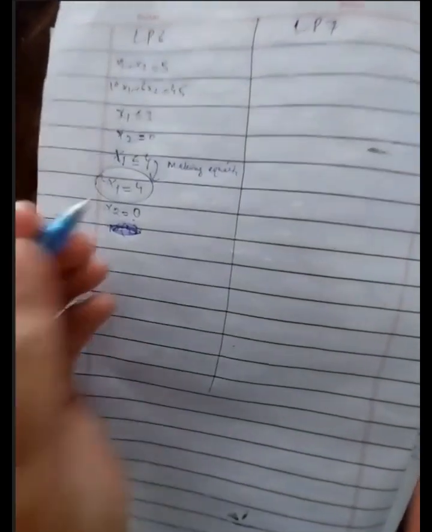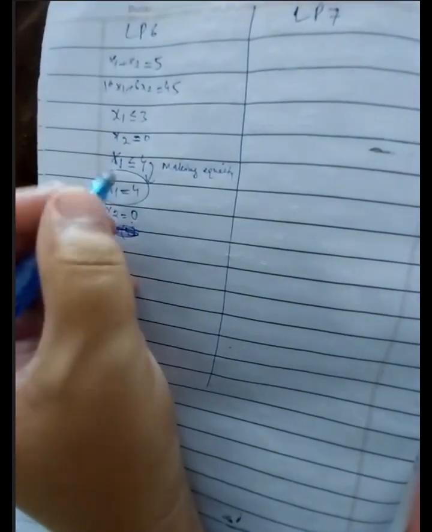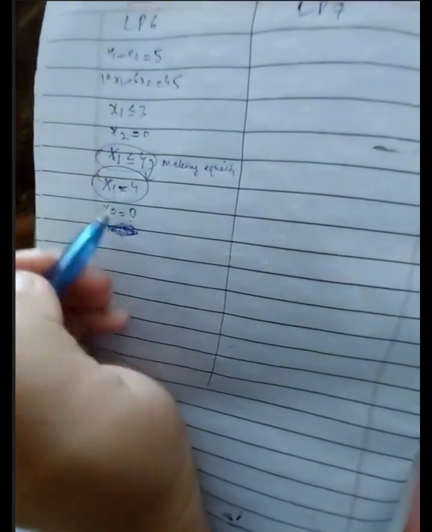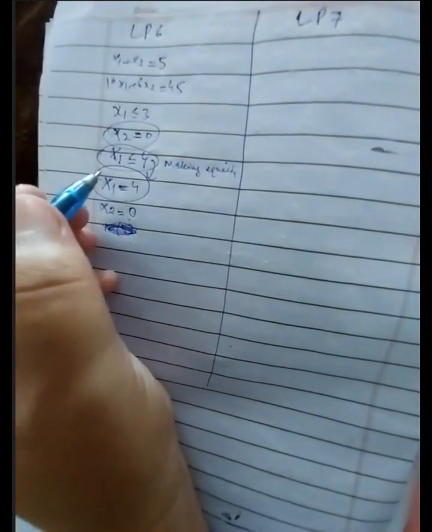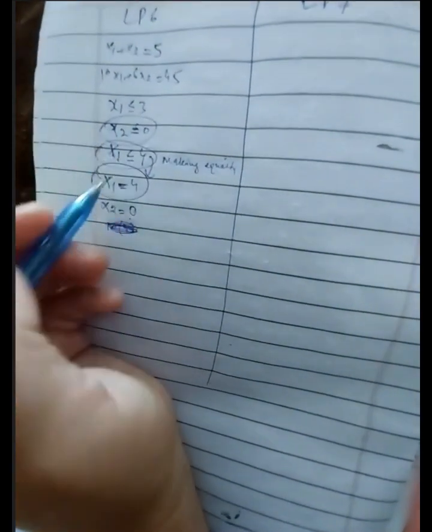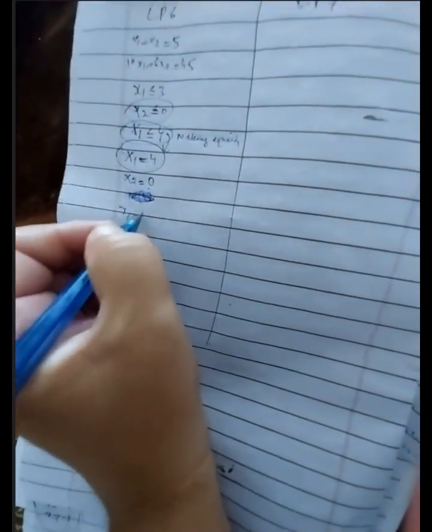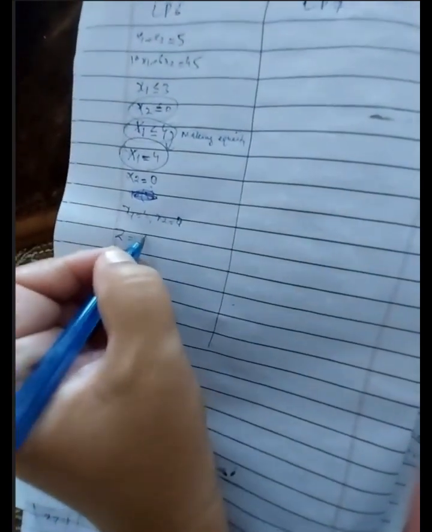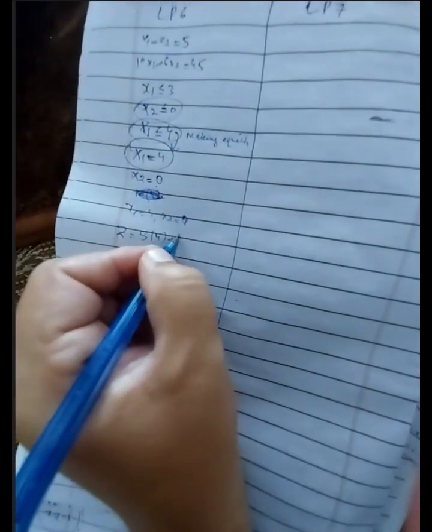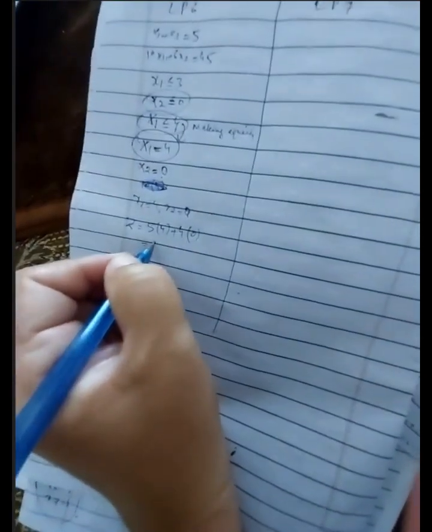If we equate x1 to 4, then x2 is equal to 0. It is also a constraint because it is less than or equal to 0. So we will equate it to 0. So x1 is equal to 4 and x2 is equal to 0, and the z value we get is 5 into 4 plus 4 into 0, which is equal to 20.